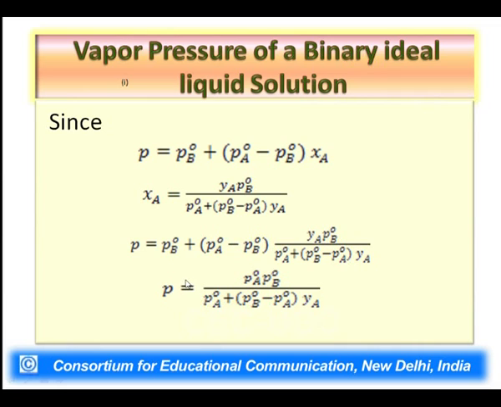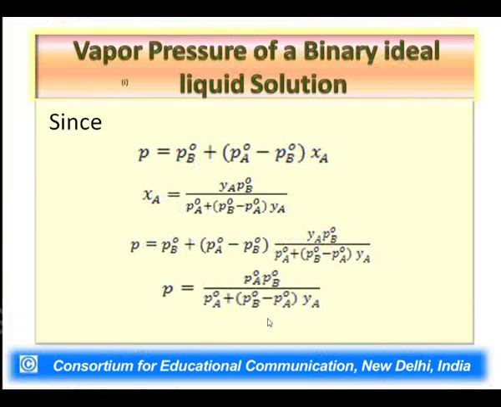What we get in this manner is that after rearranging, the total vapor pressure of solution is related to the vapor pressure of pure components, and more importantly the composition in the vapor phase, that is YA. So, this fourth relation is P equal to PA naught into PB naught divided by PA naught plus PB naught minus PA naught into YA.